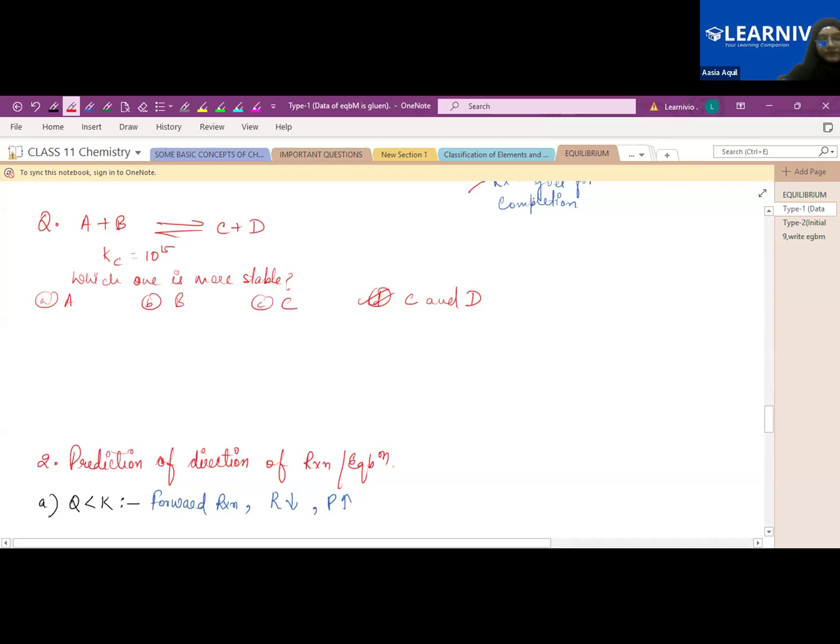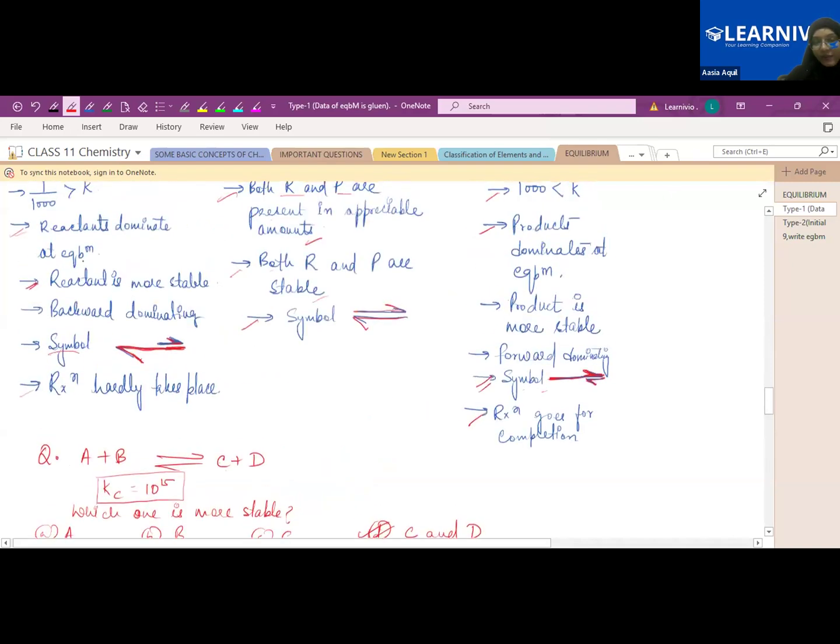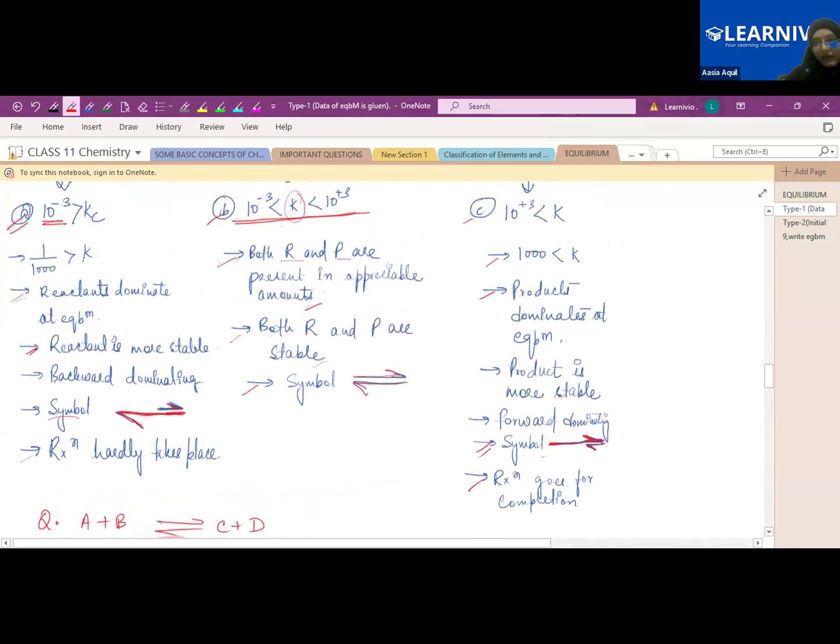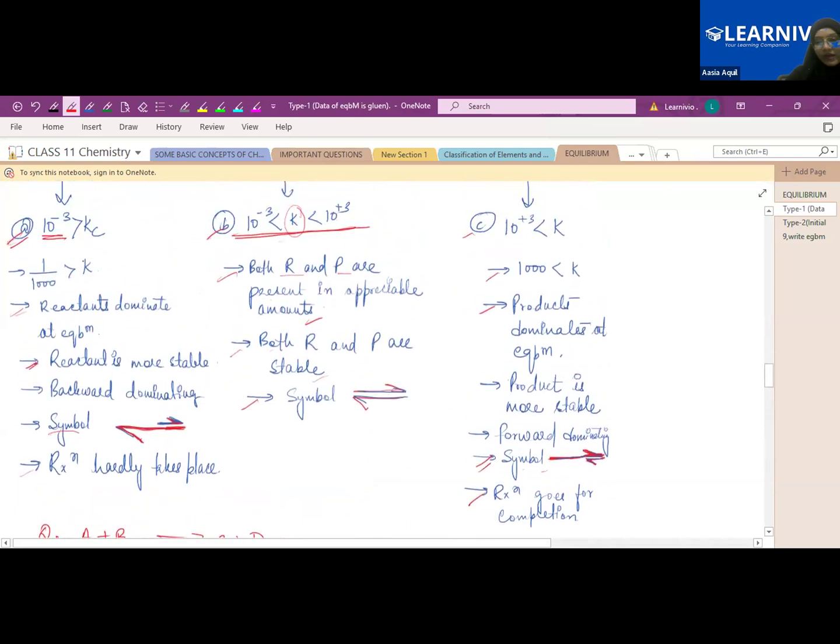Ma'am, because the concentration of the products C and D is higher. Okay, why is the concentration higher? See, each and everything depends on Kc. Kc is equal to 10 raised to the power 15, right? It means, you can see the third case, the value of the equilibrium constant is greater than 10 raised to the power 3.